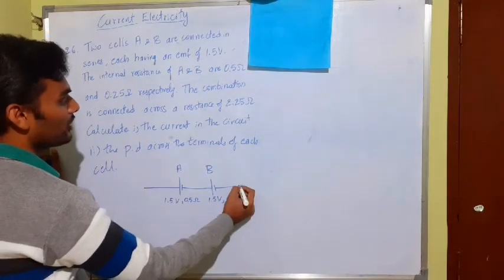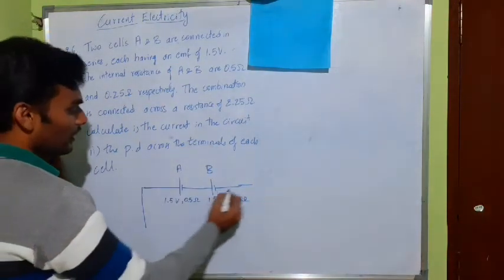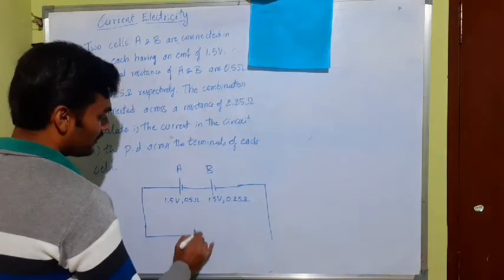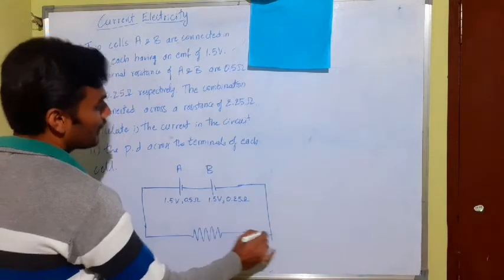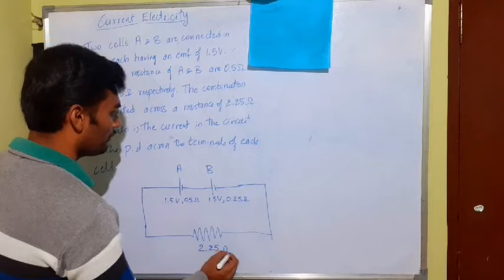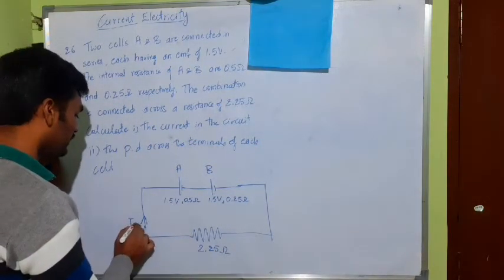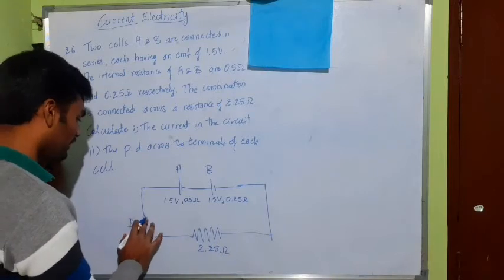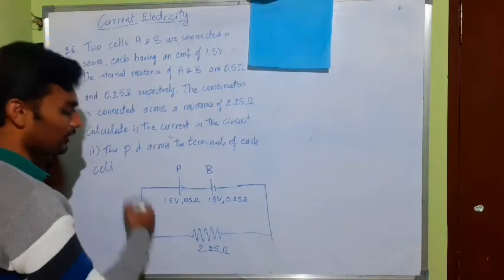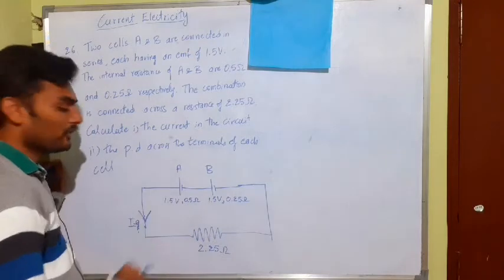So this is the combination, and this combination is connected across an external resistance of 2.25 ohm. Okay, now current in the circuit has to be calculated, right? Since all of them are in series, the current will be the same throughout the circuit.